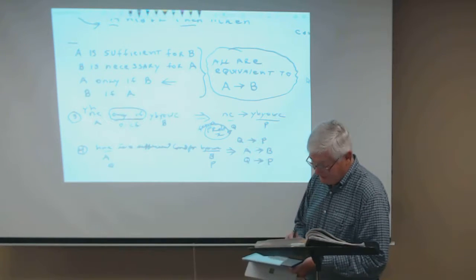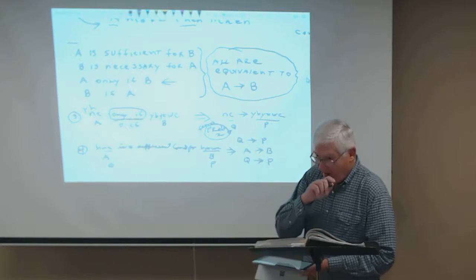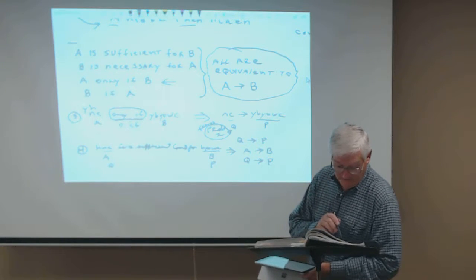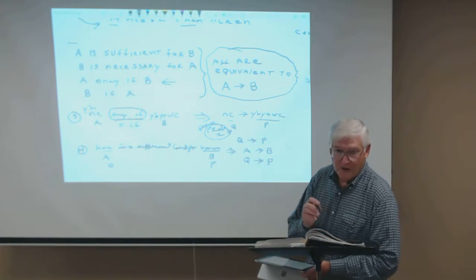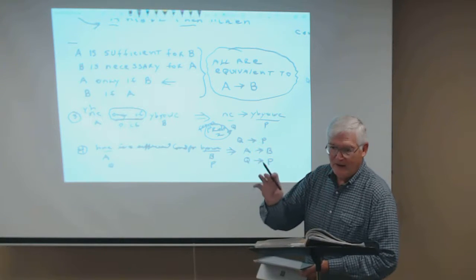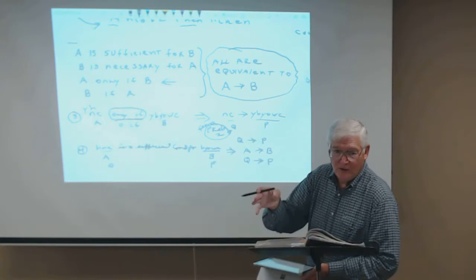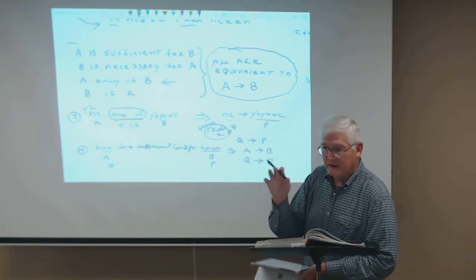language. And then I'm using A and B instead of P and Q. And the reason I'm doing that is because problem 3 tells you to use P and Q, and if I use capital P and Q and talk about small p and q, it gets confusing.